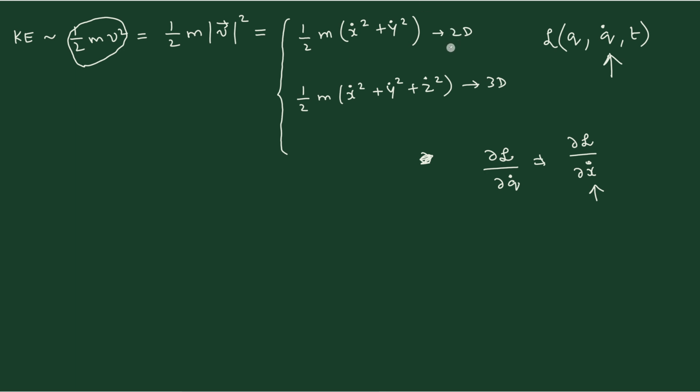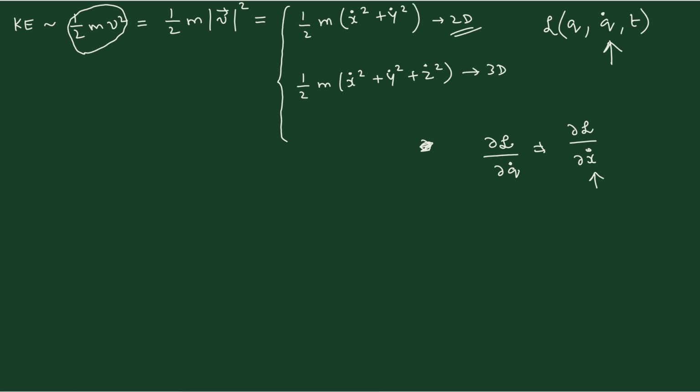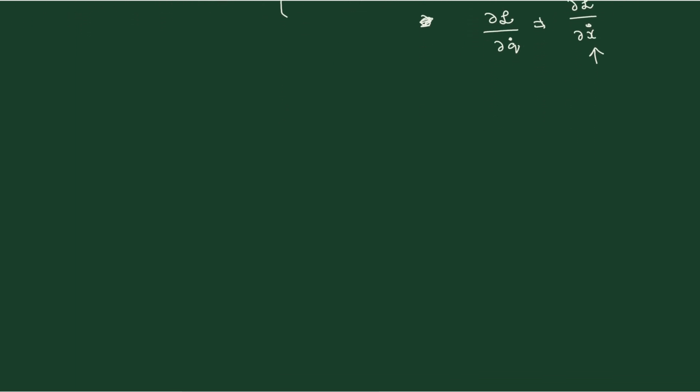Now let us consider a 2D situation, and suppose we are working in a two-dimensional polar coordinate system. This is the simplest thing we can do, and once you understand this, the rest of the calculations you can easily follow.